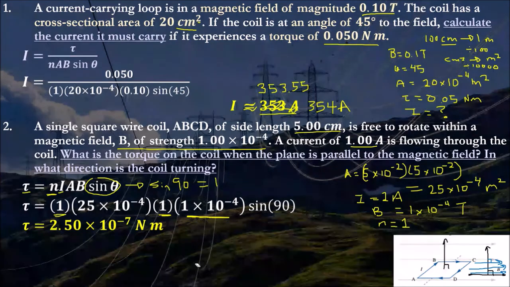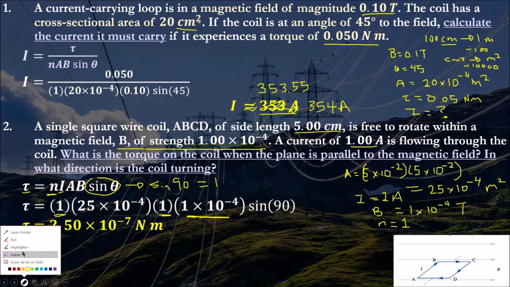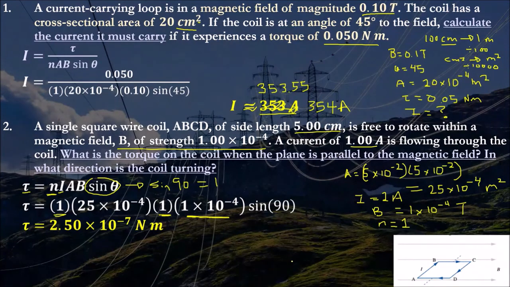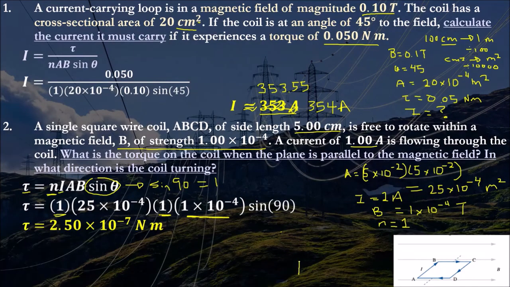Sweet. The next bit is to work out the direction my coil is rotating in. First thing is to work out where the current is going. If you use your right hand rule, remember this is how it works. A really horrible looking right hand, but that's actually my left hand, so let's redraw that. This is what happens.